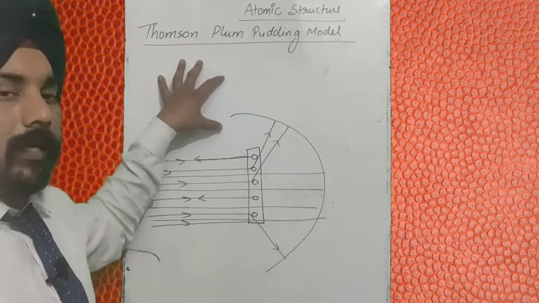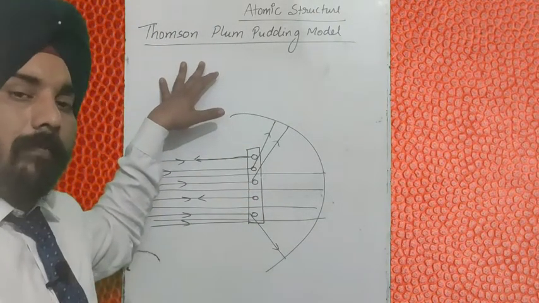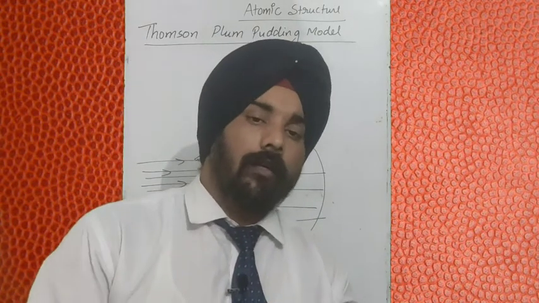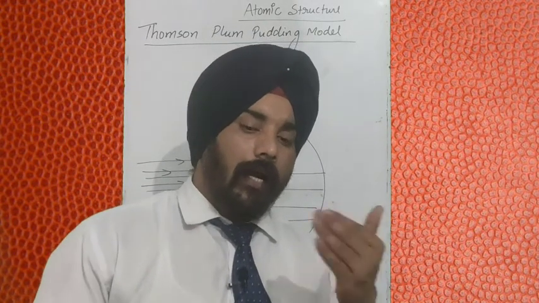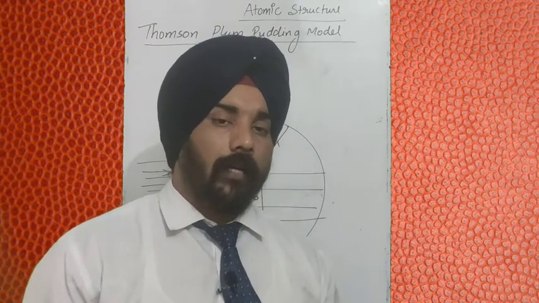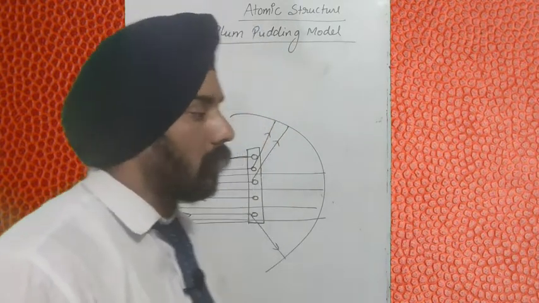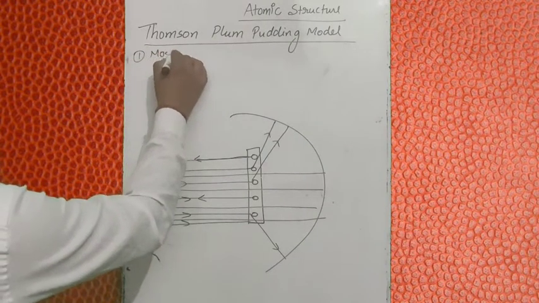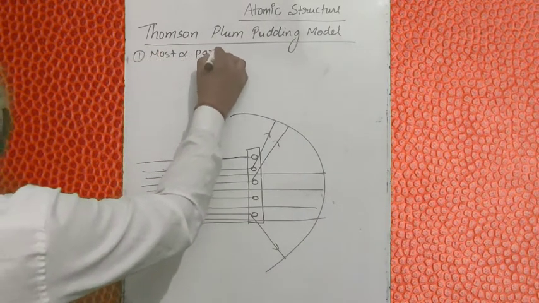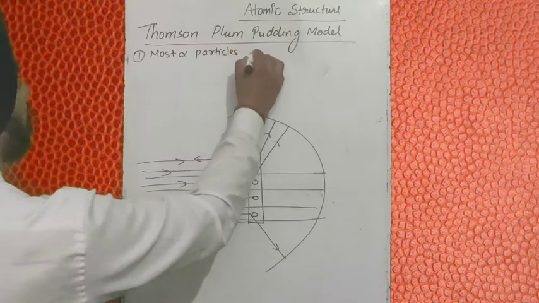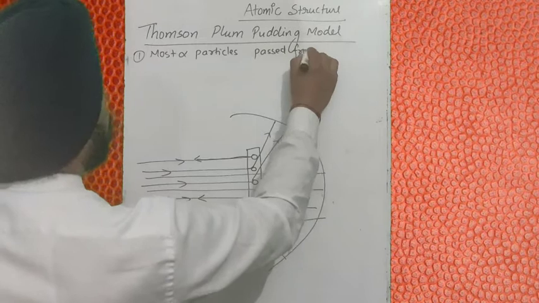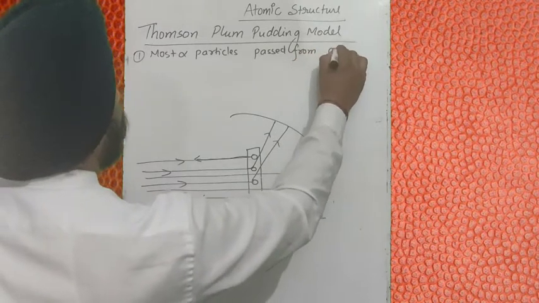What he did, he took a gold foil of 10 to the power minus 7 meter thickness. He bombarded alpha particles on that gold foil, and then he took some observations, out of which the first observation was: most alpha particles passed through the gold foil.